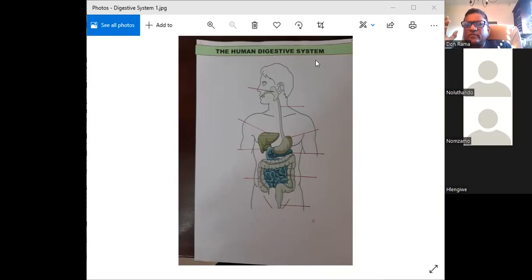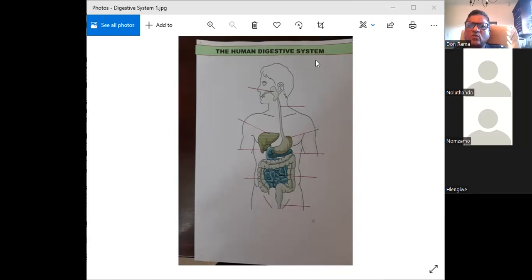Our objective here is that we want our learners to know the different organs that make up the digestive system, and we also want our learners to know the functions of the different organs.